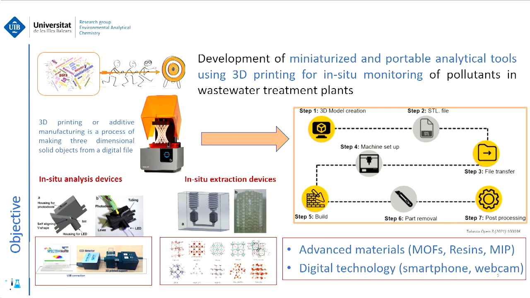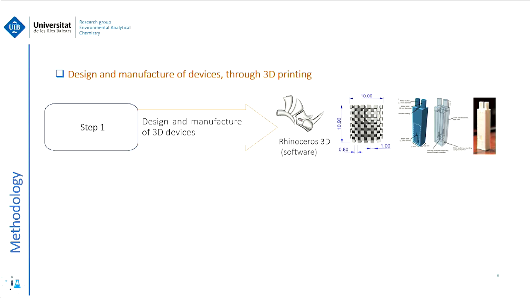It is also important to say we can use different technologies, for example advanced materials like MOFs, other resins or MIPs, and digital technology like a smartphone or webcam. Now I will show you the different methodology that we are using for developing functionalized portable devices.